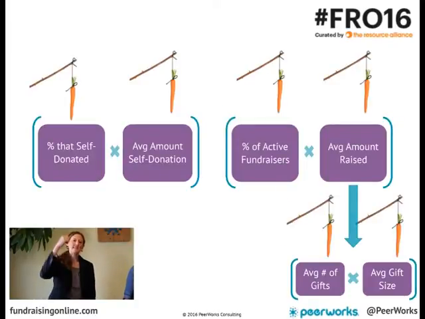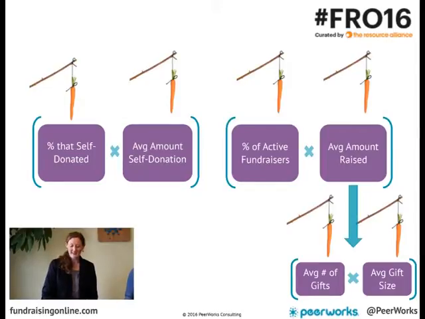If you can actually dangle a carrot in front of each one of these KPIs, or start to use that carrot to really influence these different KPIs, these different revenue drivers, then when you can crank up each one of those, your overall fundraising revenue will grow. So we're going to talk about each one of these KPIs and how to do that. But first, before we do that, we want to talk about this whole carrot dangling exercise.